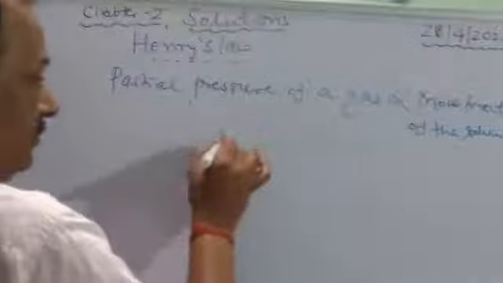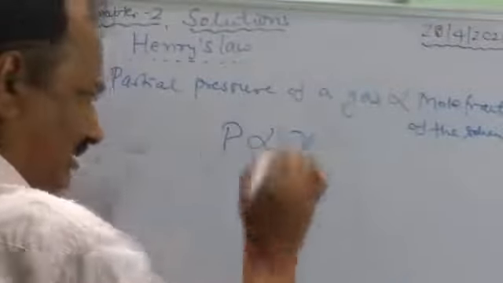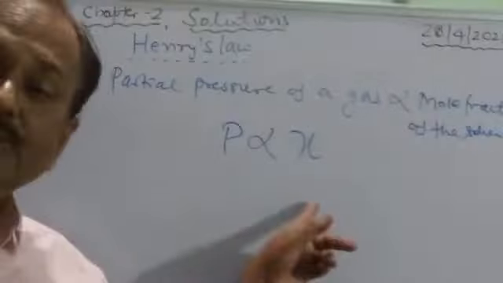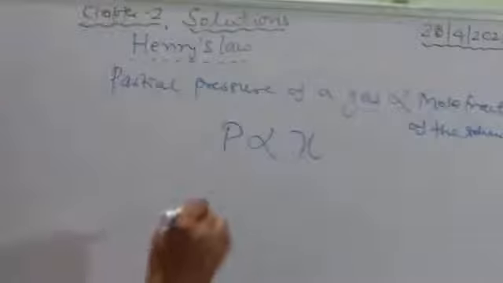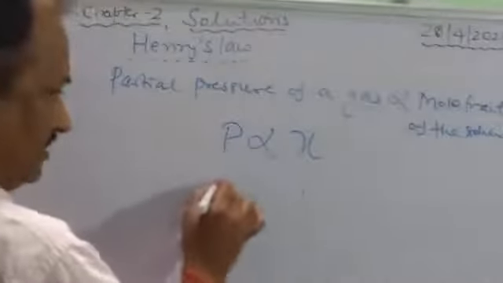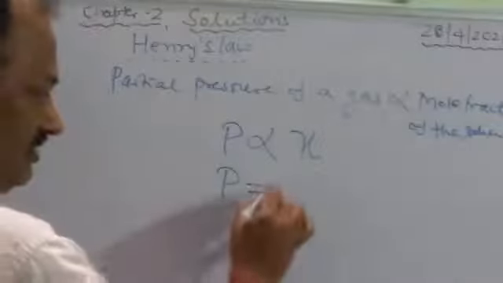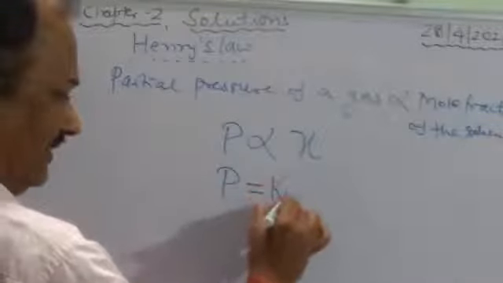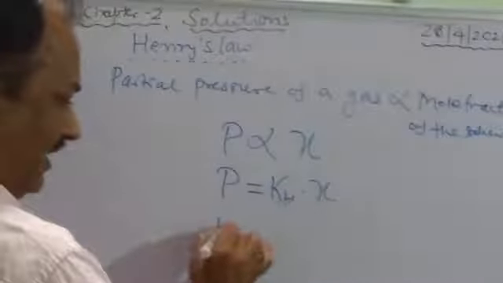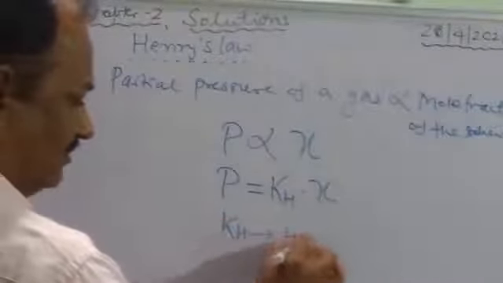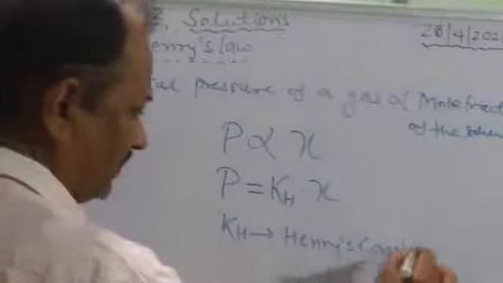So partial pressure P is proportional to X, where X is the mole fraction of any component. If we remove the sign of proportionality, P equals KH into X. This KH is called Henry's constant.